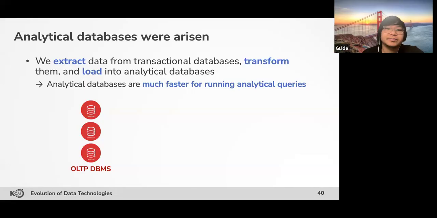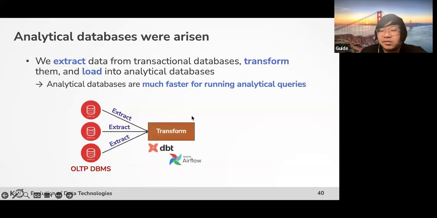Typically, we have a lot of OLTP DBMSs. We try to extract data of interest, the data that we would like to do analytics on, from the OLTP database. Then we transform the data, doing data cleansing and pre-processing here, and then we load it into the OLAP database management system.